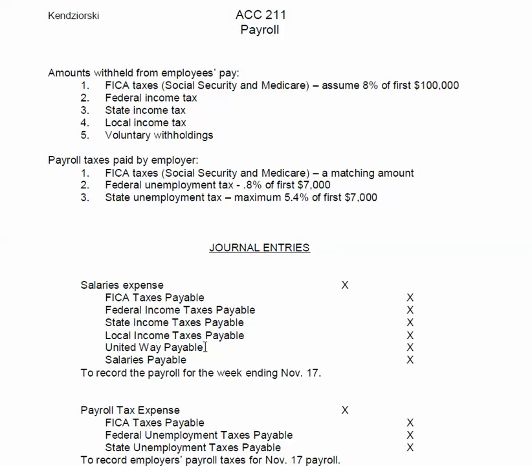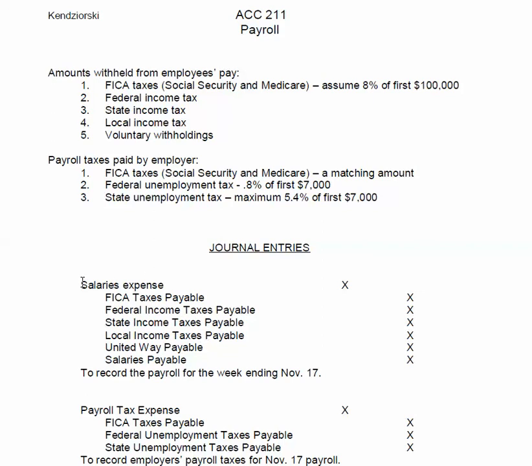One thing that all the voluntary withholdings have in common is that the employee has to actually authorize in writing for the company to withhold those voluntary withholdings. Otherwise, the company can't do it. But for the taxes, those will be withheld if they apply, whether the worker wants them withheld or not.